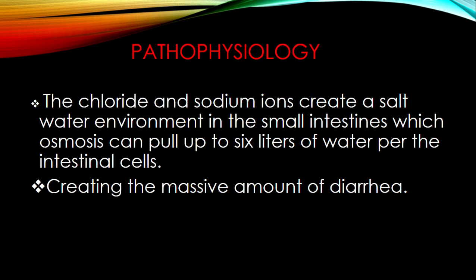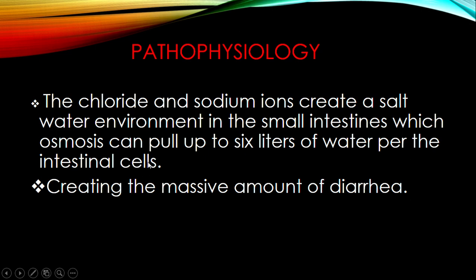So the chloride and sodium ions create a salt water balancing environment in the small intestines with osmosis, which can pull up to 6 liters of water per intestinal cells.